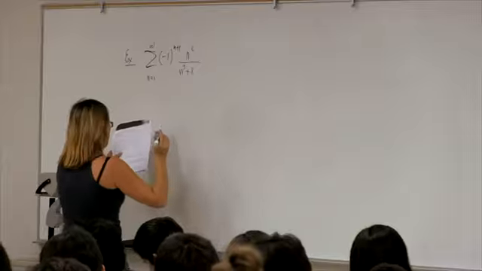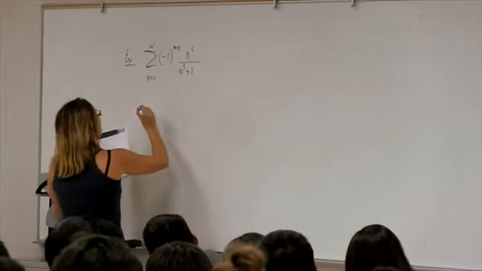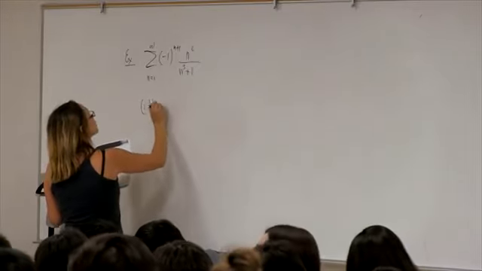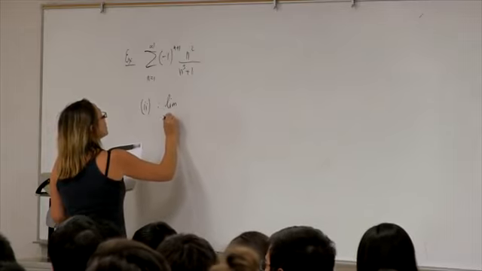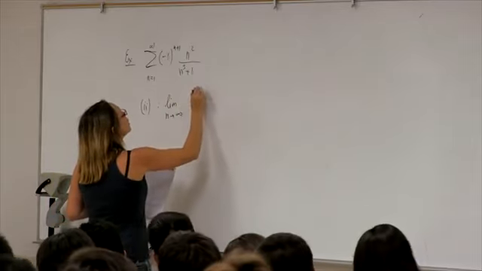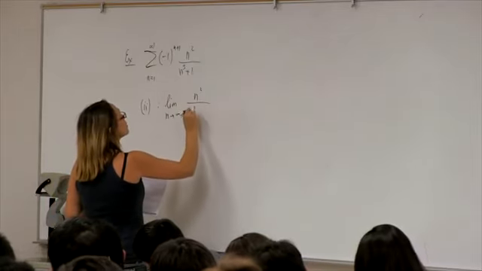Let's check 2 first. What's the limit as n goes to infinity of this sequence? We can divide by n cubed, which is the highest power that we have. So we have 1 over n over 1 plus 1 over n cubed. And we see that it's 0. So 2 is satisfied. Now what we still have to check is condition 1.